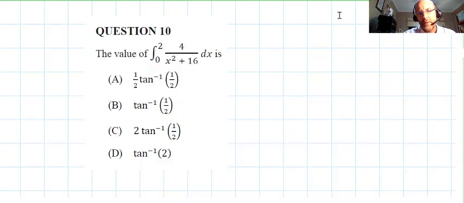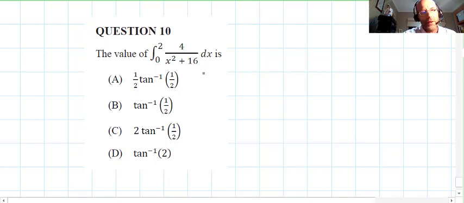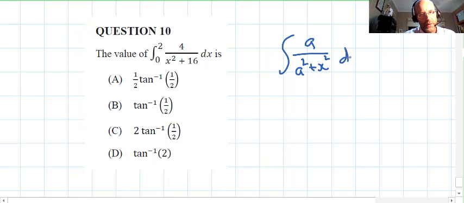Last one. Question 10, we've got some definite integration here, and again the QCAA formula sheet is very helpful because if we're looking at the integral of some parameter a over a squared plus x squared dx, we know that it is arctan of x on a plus c.